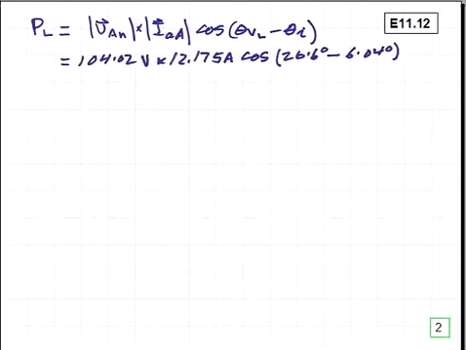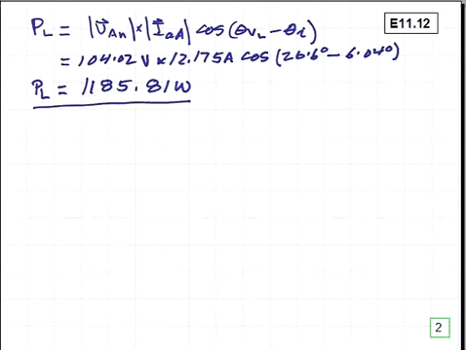Here we have 104.02 volts times 12.175 amperes, and then the cosine of the difference between 26.6 degrees for the voltage associated with the load and the 6.04 degrees associated with the line current, or P sub L is equal to 1185.81 watts.